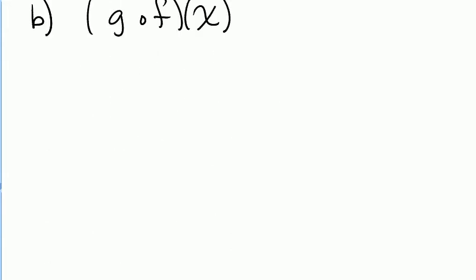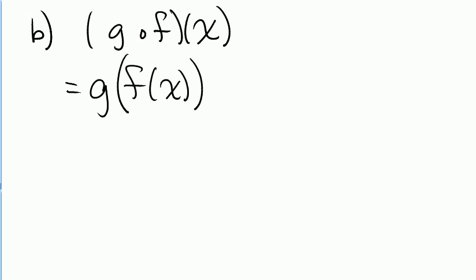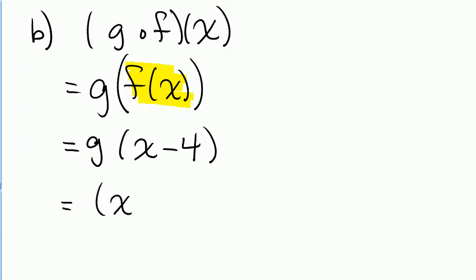We should also find g of f of x. And f of x, again, is x minus 4. So we're trying to find g of x minus 4. So we substitute that into the g equation. x minus 4 is a binomial.